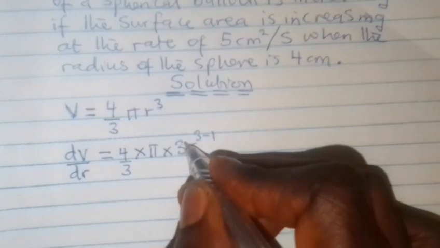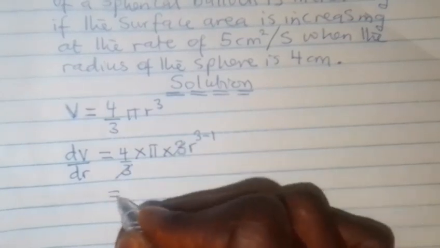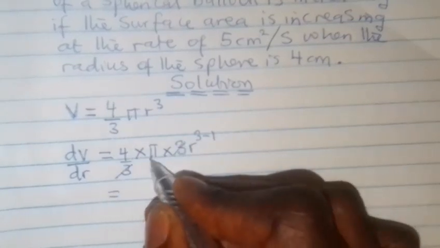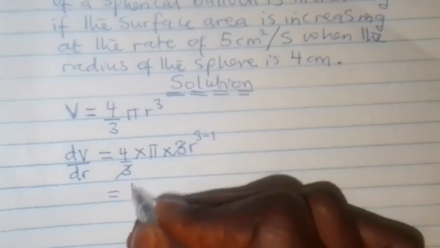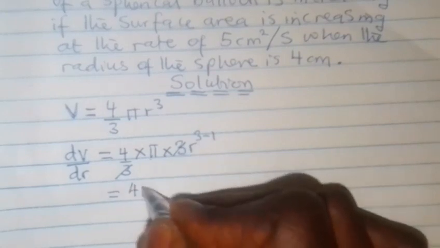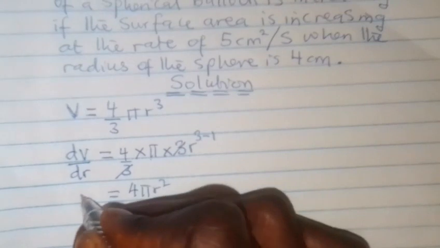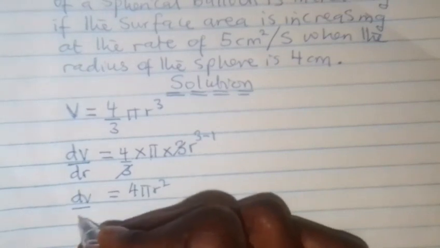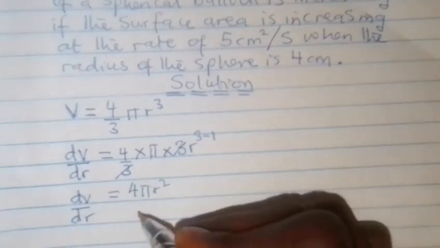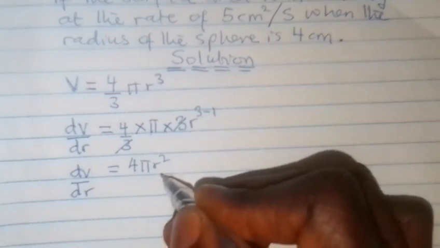Now if you cancel this and this, finally we have 4 times pi times r squared. That will give us 4 pi r squared.